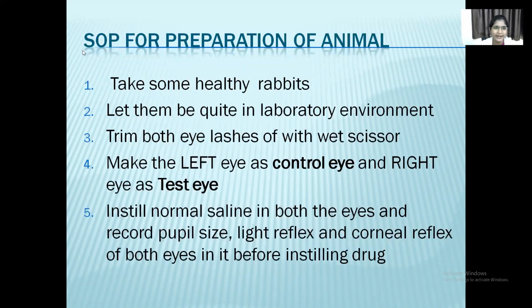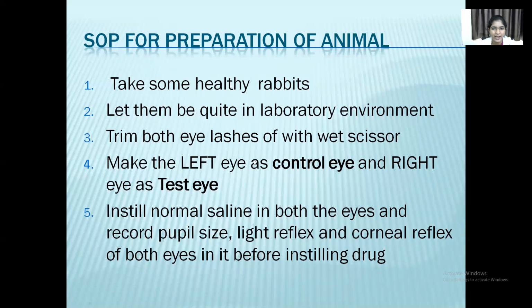So what are the standard operating procedures for preparation of the animal? First, we have to take some healthy rabbits, let them be quiet in the laboratory environment, and trim both eyelashes with scissors.